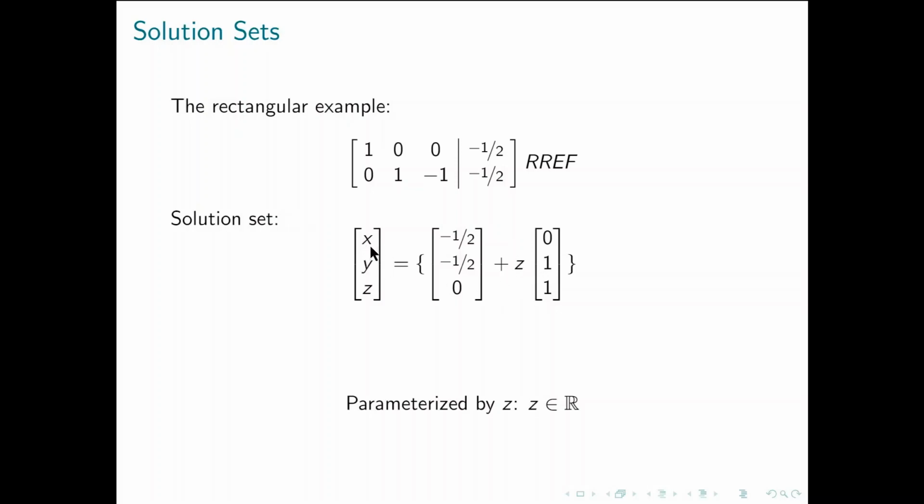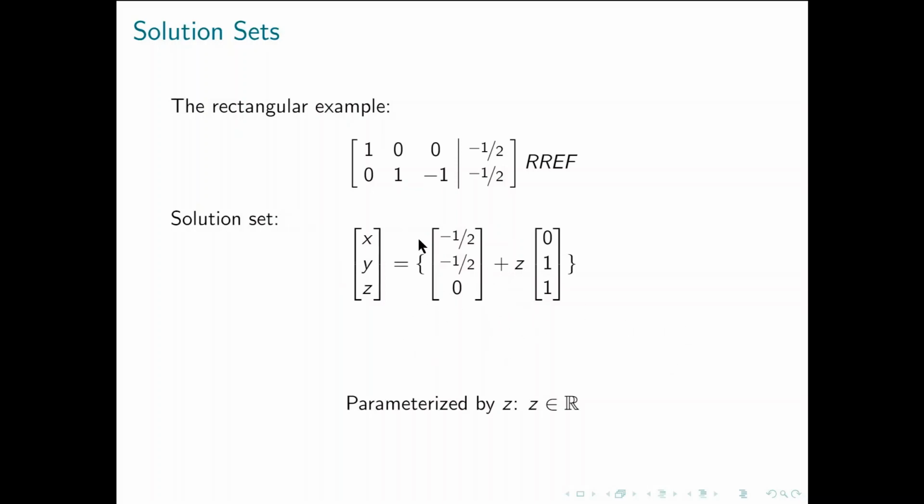And x and y were the pivot variables. x and y were either solved for directly or in terms of z, and z didn't have an equation of its own in this system because there were more unknowns than equations, and so z was just equal to itself. So x is equal to a certain constant part plus a certain number of z's, and y, because it's also a pivot variable, is equal to a certain constant part plus a certain number of z's, right? Because the pivot variables are written in terms of first a constant and then plus a certain number of z's.